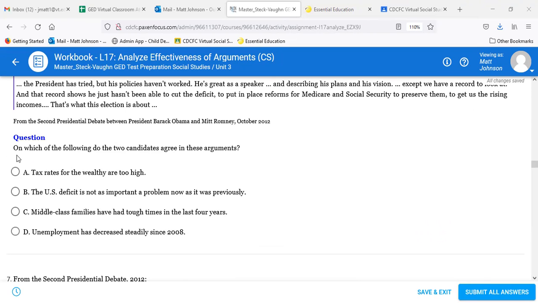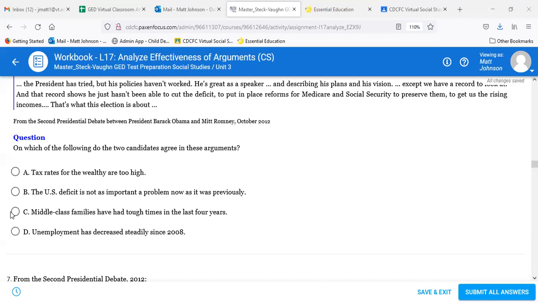B, the U.S. deficit is not as important a problem now as it was previously. C, the middle class families had a tough time in the last four years. D, unemployment has decreased steadily since 2008.